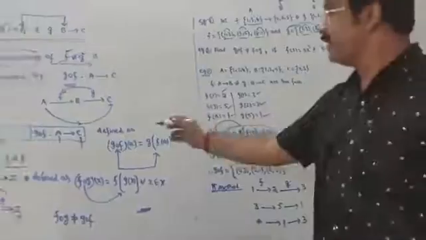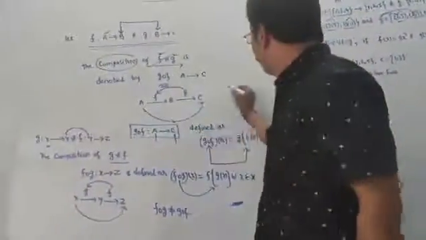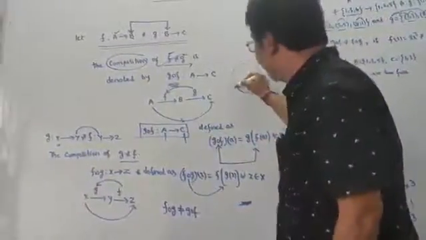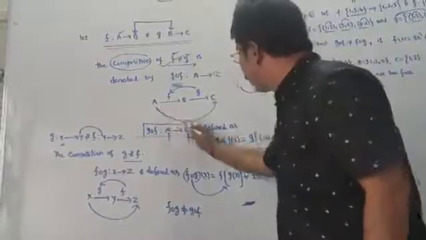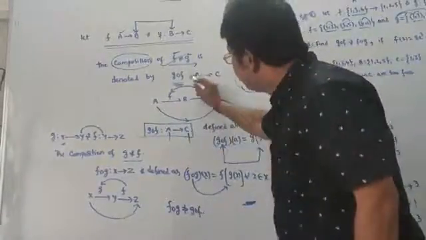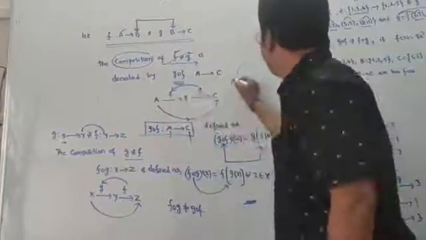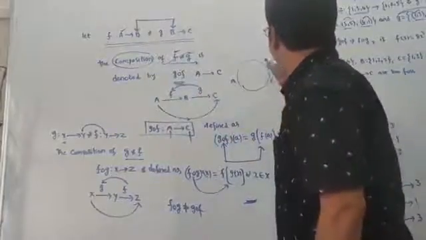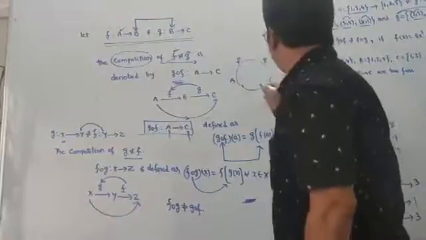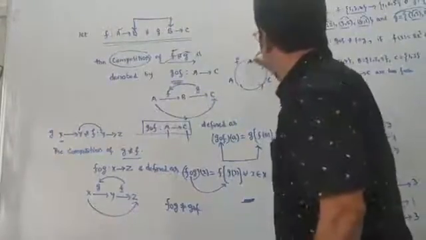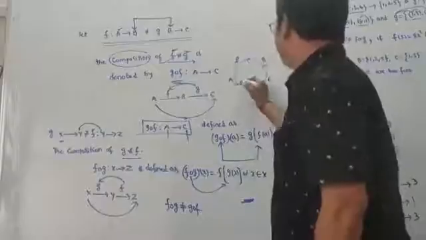You come here. What I said, this is the direction, just like one cyclic direction. So A to C, G, F. Just like that.